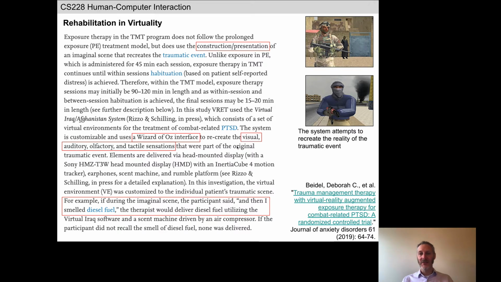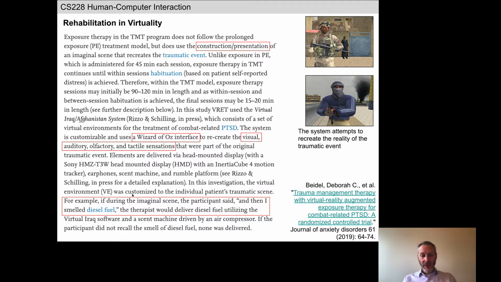So as you can see, this is a very multimodal system, meaning that it's designed to present stimuli to different sense modalities: eyes, ears, nose, the tactile system, your vestibular system. Elements are delivered via a head-mounted display, earphones, a scent machine for the olfactory part, and a rumble platform. Especially for veterans, we need to create the illusion that they're moving in an armored vehicle or moving through the environment.